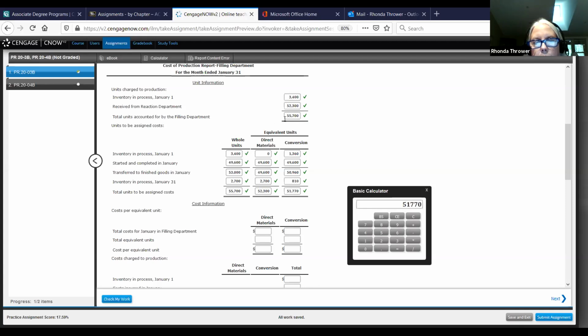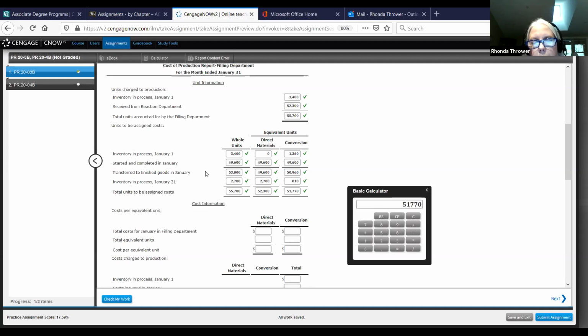What we did is we broke these units down into some extra steps. We knew what the beginning inventory units were. That was what was brought forward from last period. We did not know what we had started and completed. You have to find what is started and completed as far as units are concerned for this month.